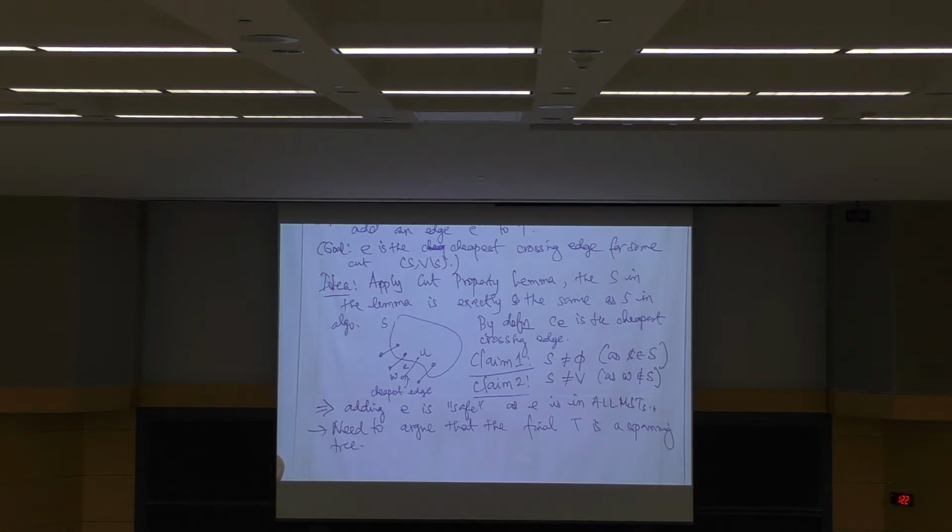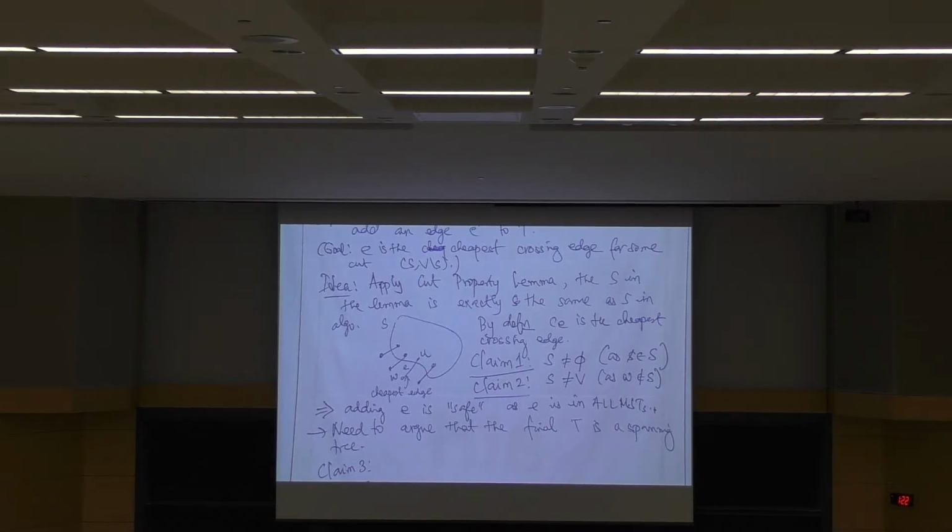I'm going to tell you a statement that you can prove by induction, which you should do at home. So the claim is not only is it at the end that you get a spanning tree, but at the end of any iteration of Prim's algorithm, you have this set of vertices S that you have handled, and you have a certain set of edges T at that point of time. You can argue that those edges T actually connect everything in S. So this is true at the end of each iteration.